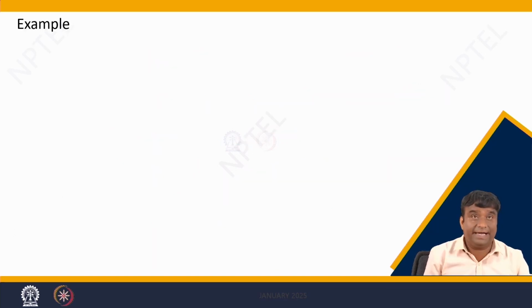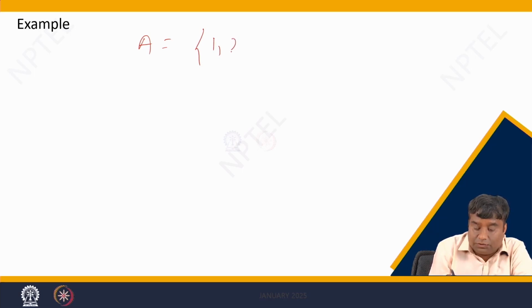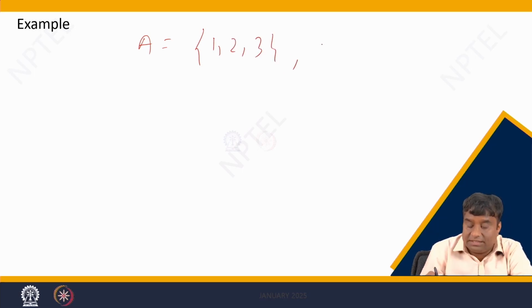Let's take one example. Let A equal the set 1, 2, 3. B is a set, let's take it 2, 3, 4.